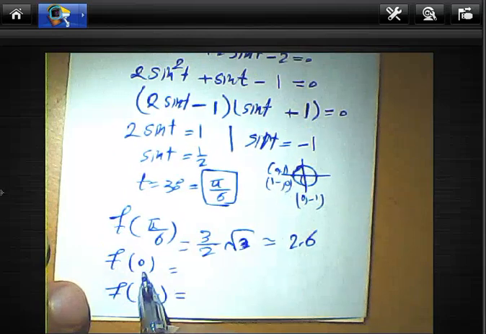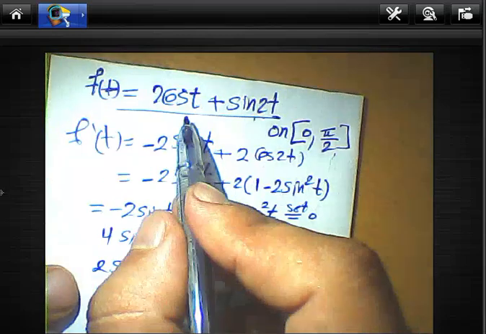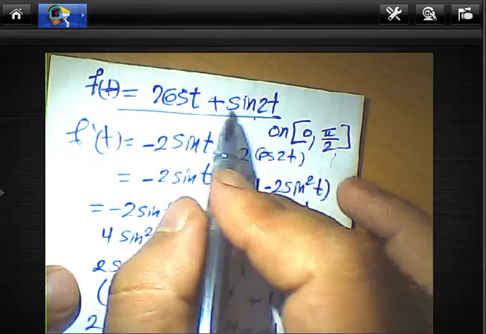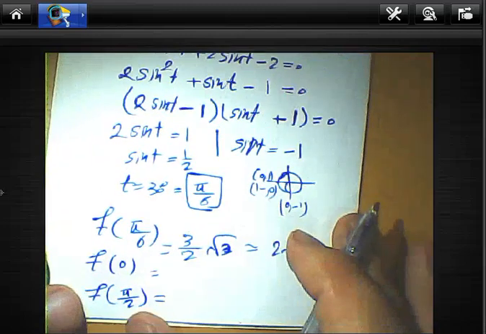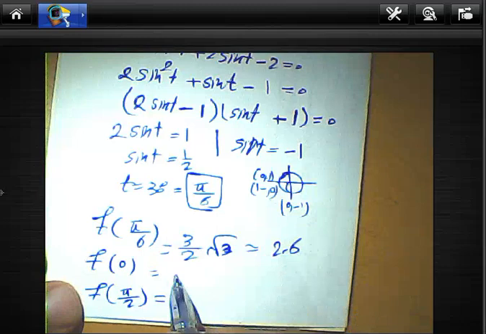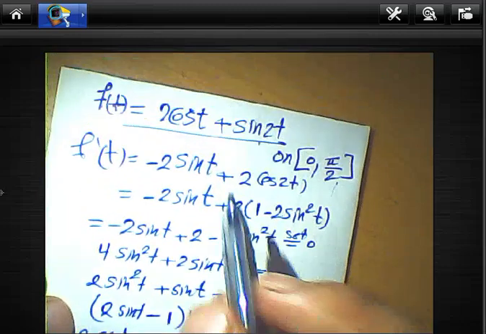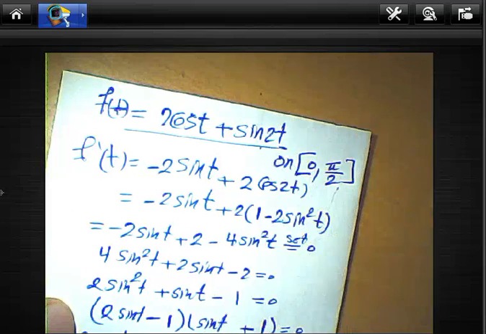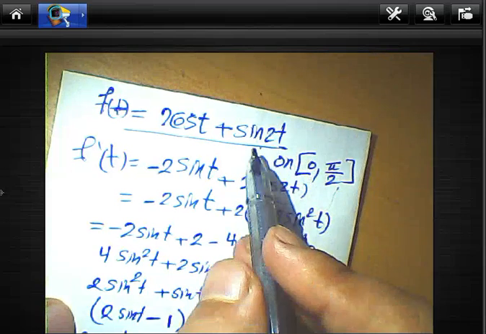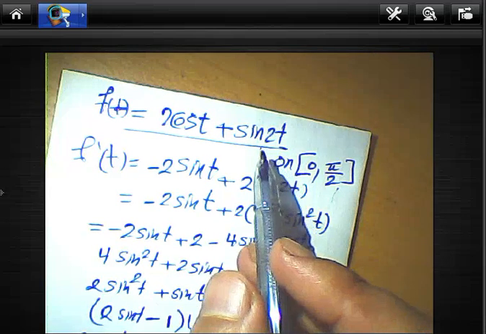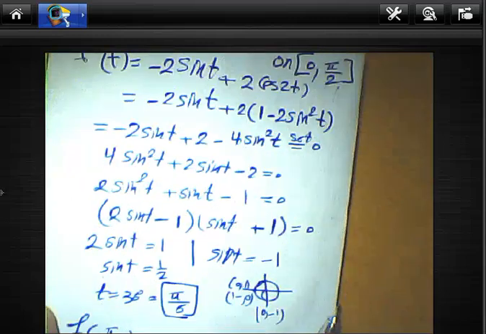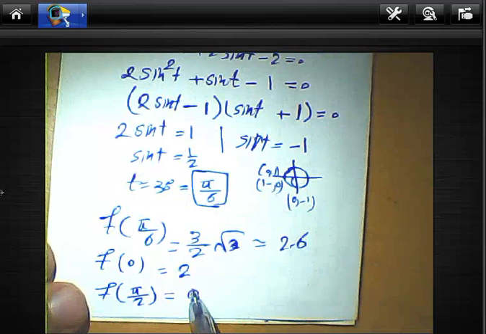And what about f of 0? Here cosine 0 equals 1, 2 multiplied by 1 equals 2, plus 0 equals 2. So f of 0 equals 2. And f of pi over 2, which is 90 degrees: cosine 90 equals 0, and 90 multiplied by 2 is 180, sine 180 equals 0. So the result will be 0 plus 0, which is 0.